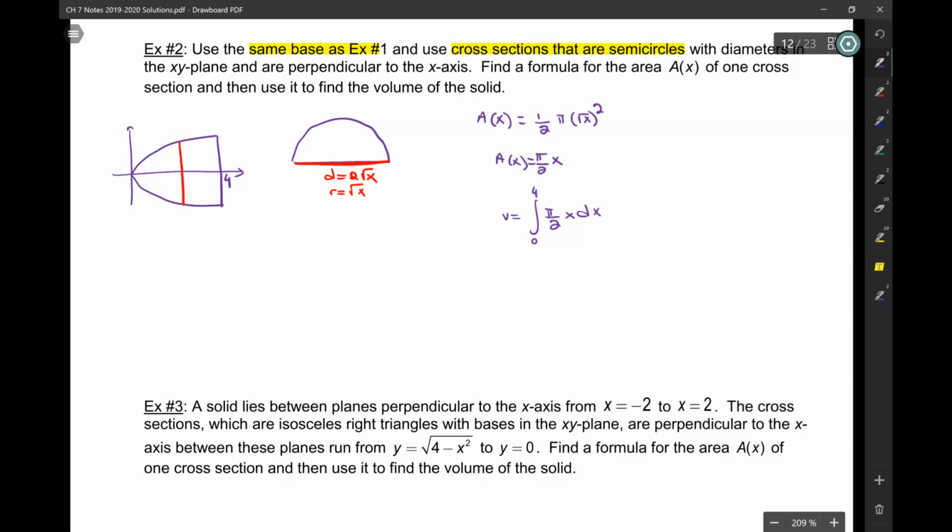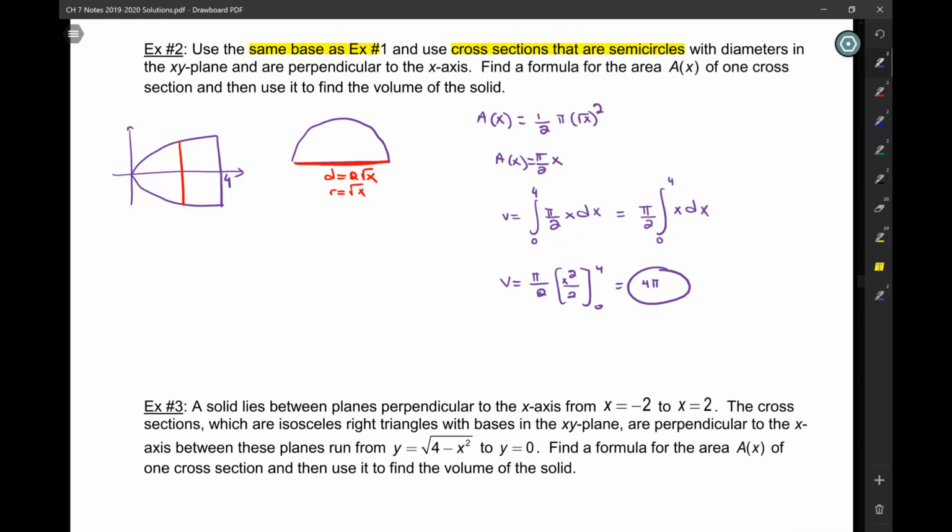And of course, we don't have to put the pi over 2 in there. We can easily have said pi over 2 times the integral from 0 to 4 of x dx. So this is pi over 2 times x squared over 2 from 0 to 4, and that's 4 pi.